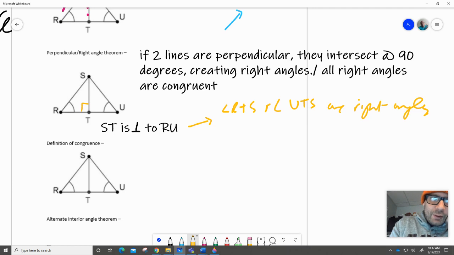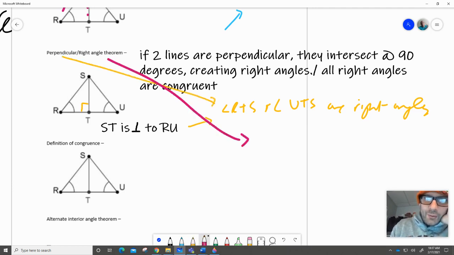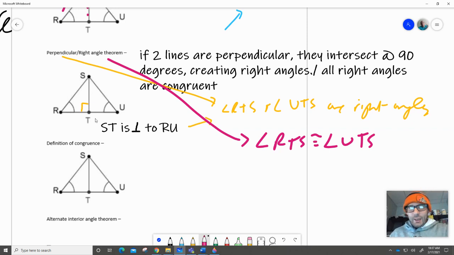So the definition of perpendicular can make these things right angles, and then the right angle theorem can further tell us that angle RTS is congruent to angle UTS. Again, a lot of common sense stuff, but it's still good to learn how to write all this stuff down and document it. Two more of these to go, and then that'll be the end of this video.